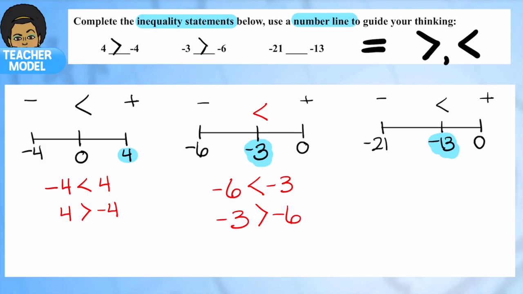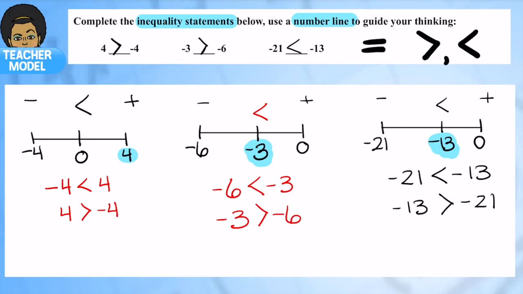So I want to make sure we have that statement there as the bigger number. Negative 21 is less than negative 13. And just in case, I can write the other true statement, negative 13 is greater than negative 21. So which one matches? I'm writing the sentence that starts with negative 21, so I'm going to use that statement. That same symbol. Negative 21 is less than negative 13.